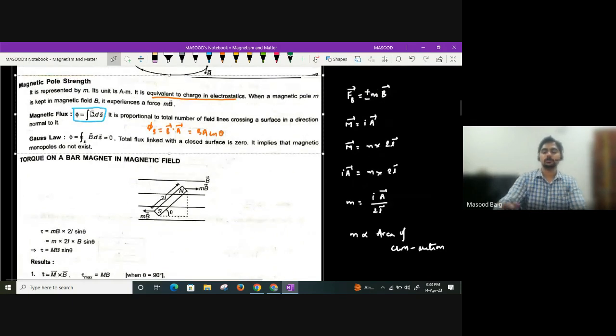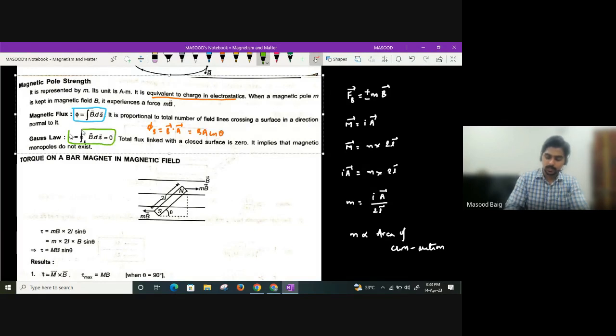What is Gauss law stating? Very simple logic. Gauss law is stating that if you try to calculate the magnetic flux with a closed surface placed in a magnetic field, then whenever a closed surface is placed in a magnetic field, the flux associated with that surface will be zero.